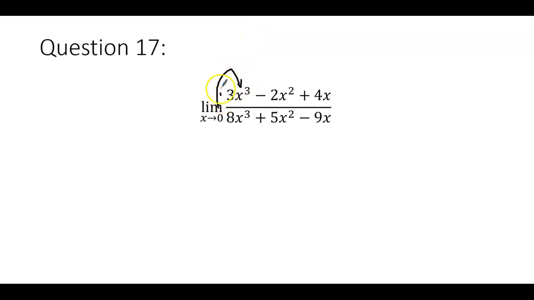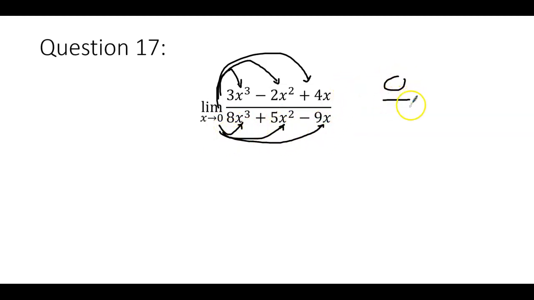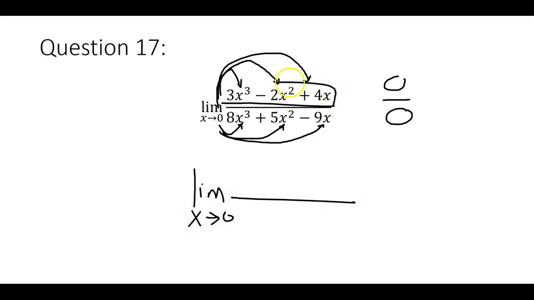So if we plug in 0, you're going to notice that we get 0 on the top, and we also get 0 on the bottom, and therefore we are allowed to use L'Hopital's rule. So L'Hopital's rule tells me that this limit is the same thing as the following limit: take the derivative of the top, and the derivative of the bottom.